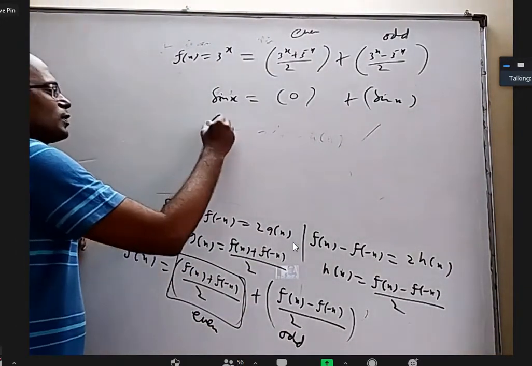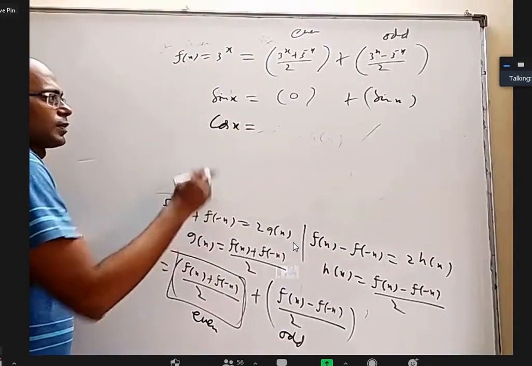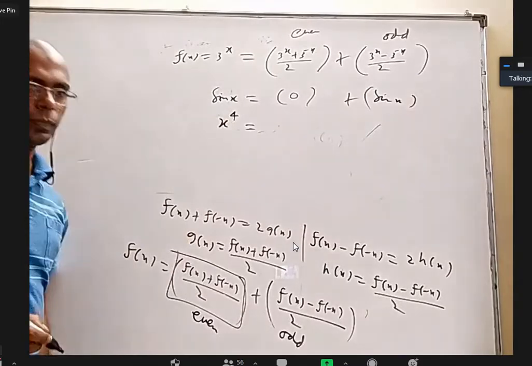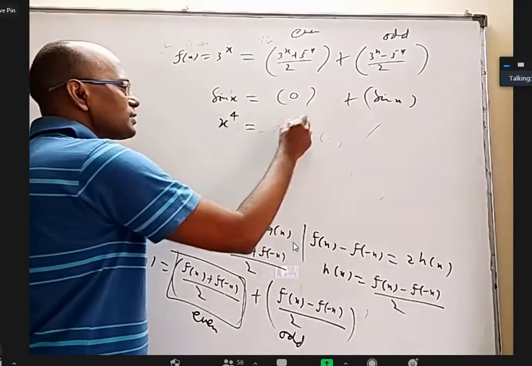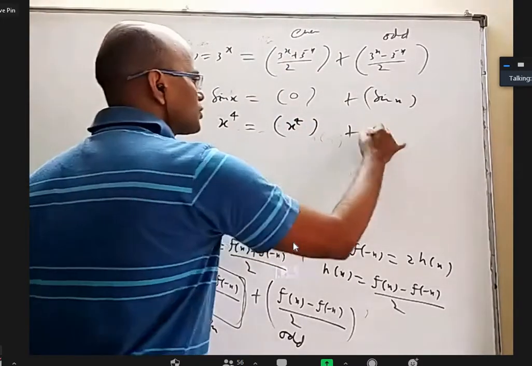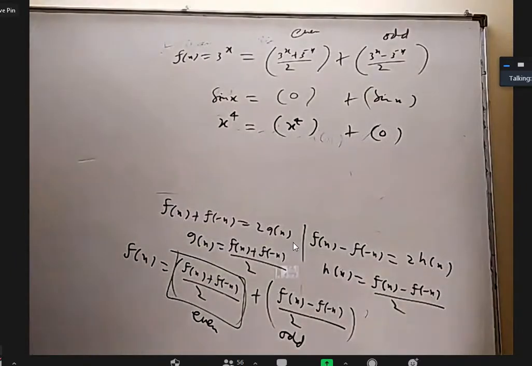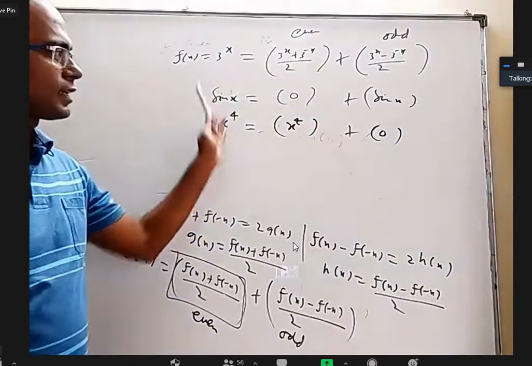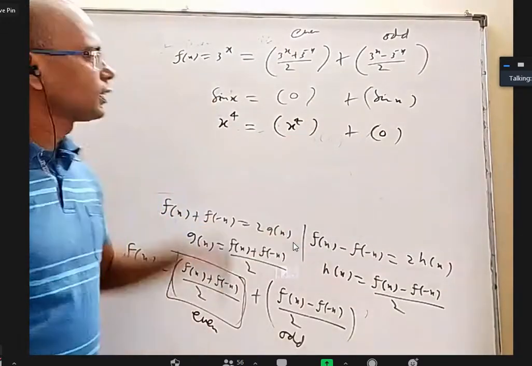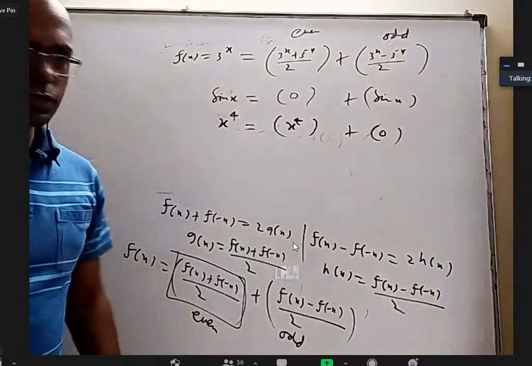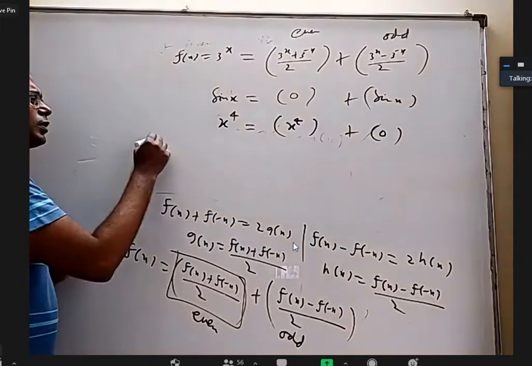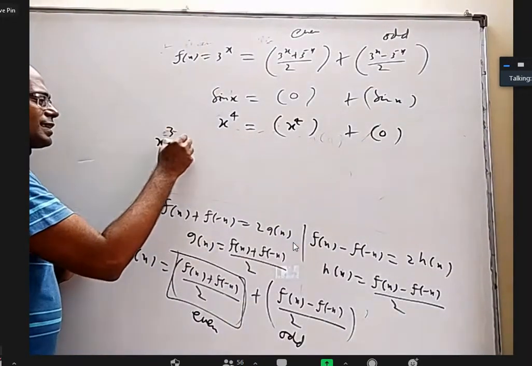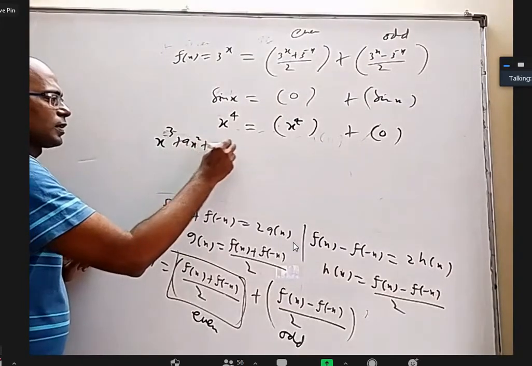Let's say somebody gives me an even function like cos x, or x power 4. Then x power 4 is even, and the odd function is 0. So if it is even or odd, no problem. We'll write that in the proper place, and the other one 0. If it is neither even nor odd, we can write like this. Of course, I can give a very simple example also. You take x cube plus 9x square plus 5x plus 7.